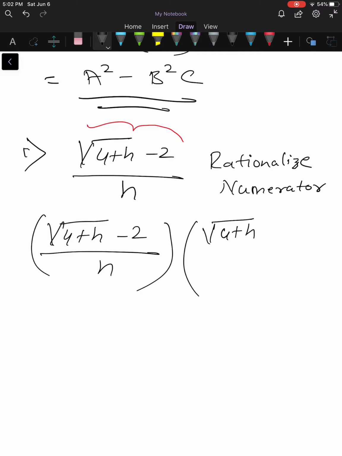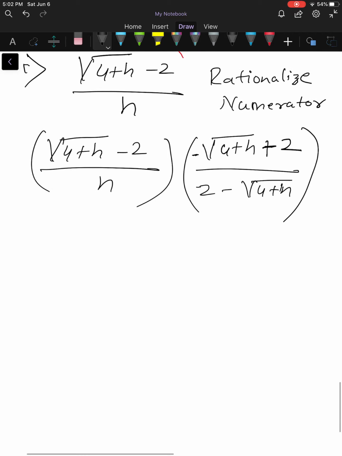So the conjugate would be negative square root of 4 plus h plus 2, divided by 2 minus square root of 4 plus h, correct?